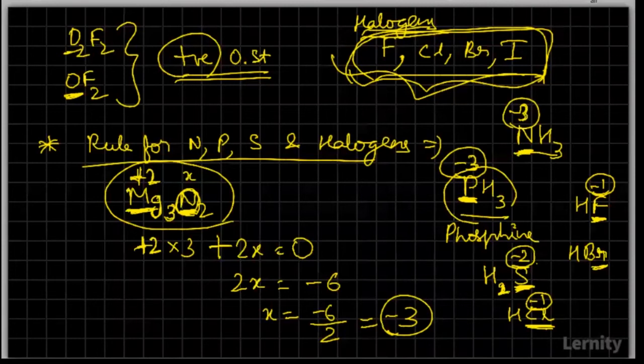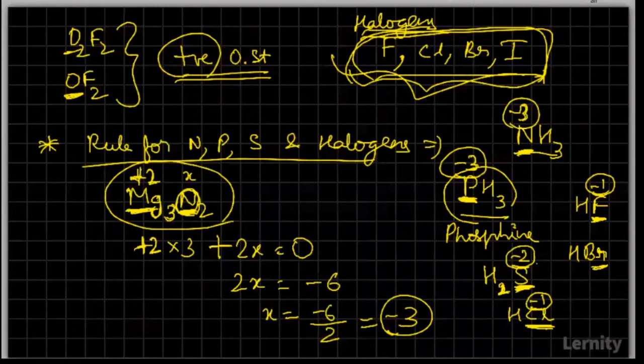Good, so finally, how to predict for hydrogen. See, always try to see relatively. First of all, we should have a very good idea about whether it is combining with metals or non-metals. Metals are more electropositive, hence they prefer to have a fixed positive oxidation state, whereas non-metals will preferably have a negative one.